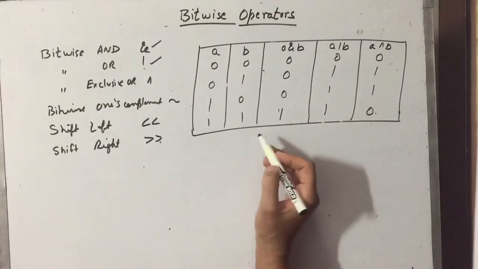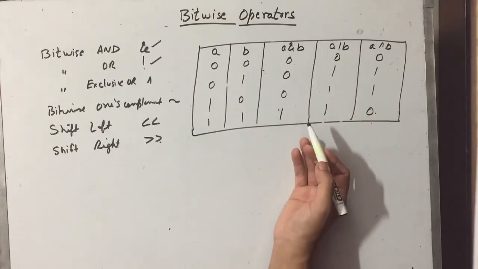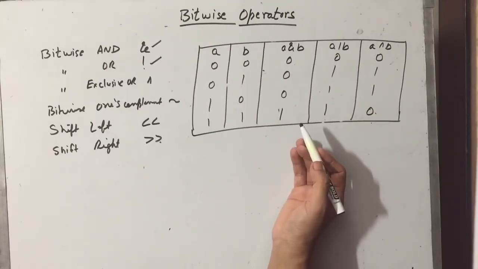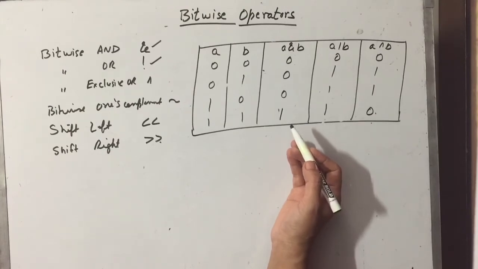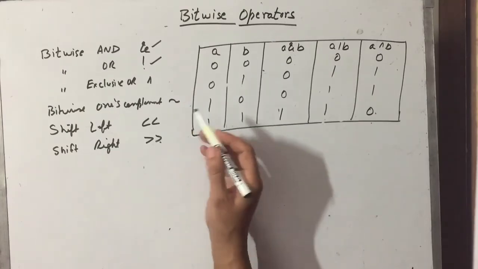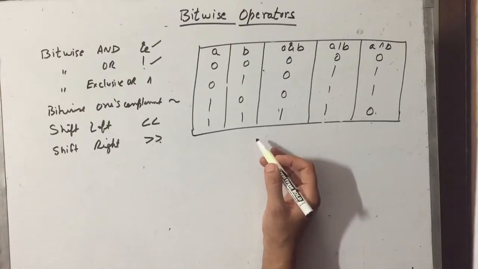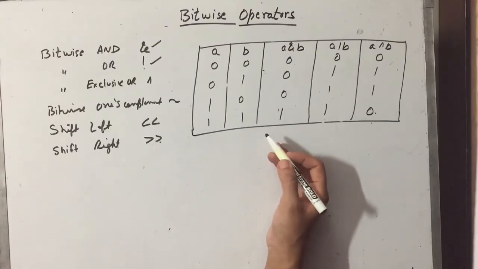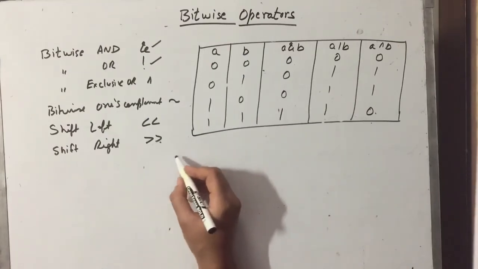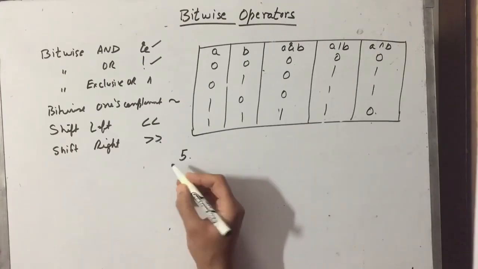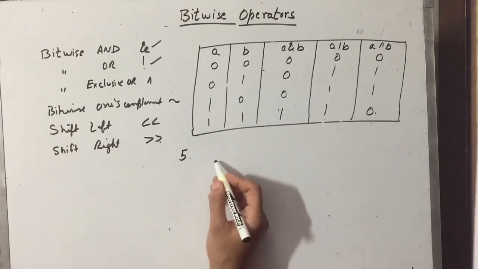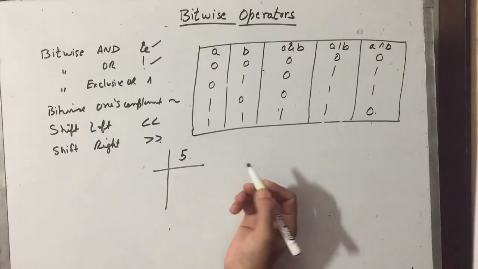This is the table which is explaining to us the bitwise operators. Now in your first year you must have learnt the basics of how to change a normal number into 0 and 1 form. Suppose this is number 5. Okay, so if I have to convert it into a binary number, how do you change it?